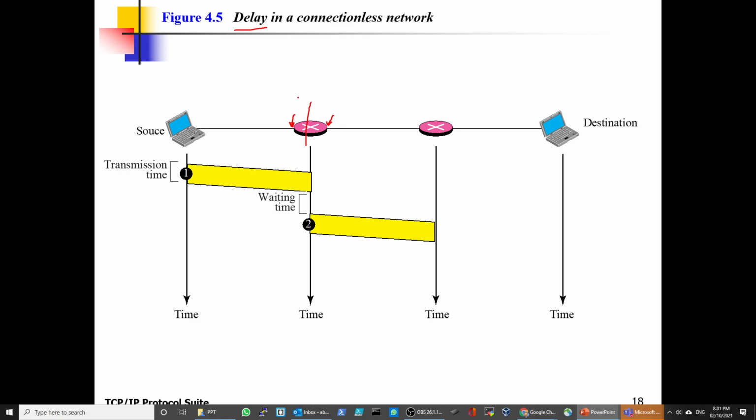It will receive it, and the data goes up and down. Remember, there are three layers in here. The data goes from the physical layer, data link layer to the network layer, and then it goes down like that. So the delay is for the store and forward processing. And it will modify the packet a little bit. It will change the Ethernet source and Ethernet destination address and all of that.